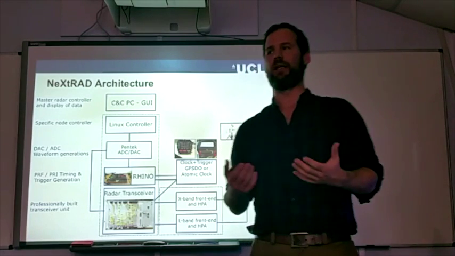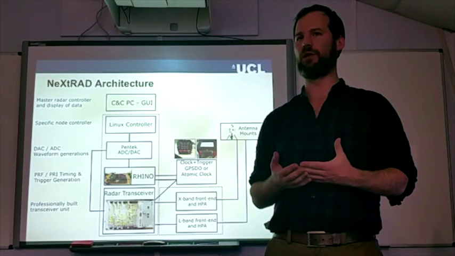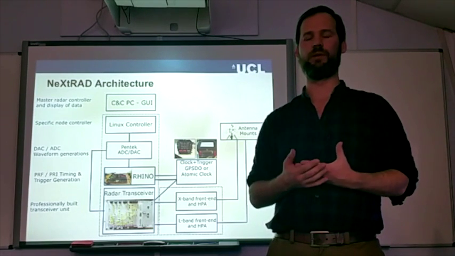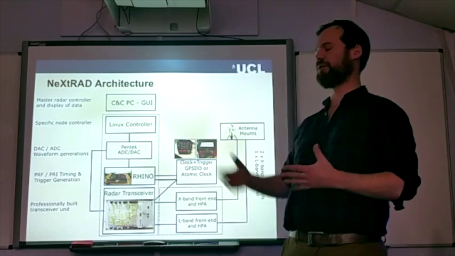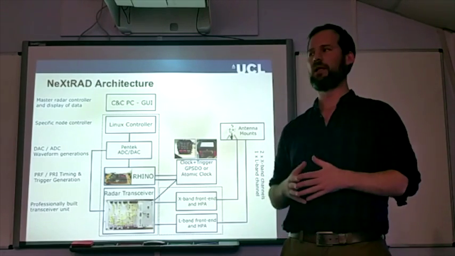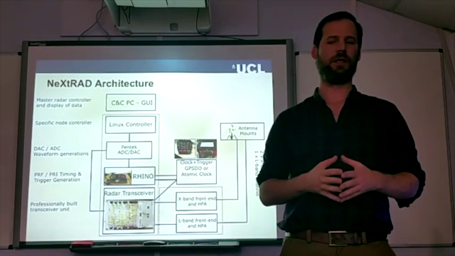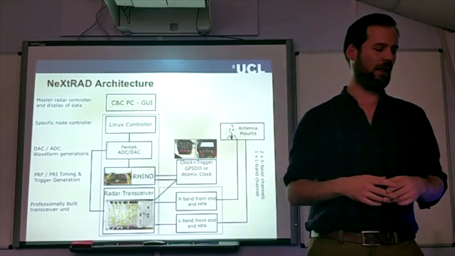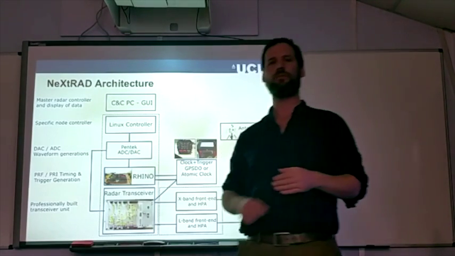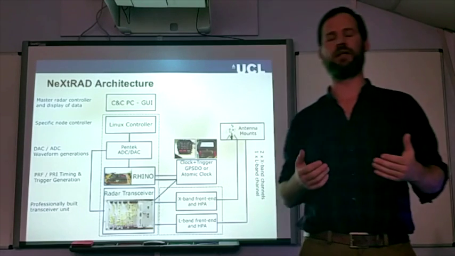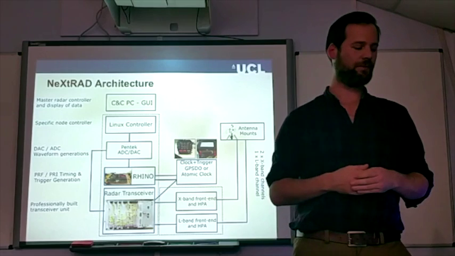So this is the NeXtRAD architecture, kind of block diagram, I would say, of what we're looking at now. It's changed a bit since we first sketched this up. It's going to be a command and control PC controlling multiple nodes, and then within each node there is a single CPU, the Linux run computer. And the digital side of things is this Pentek card, which I'll go into after the RF, but that's our ADC and DAC, which generates our signals and digitizes them.